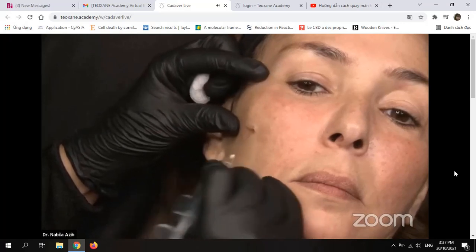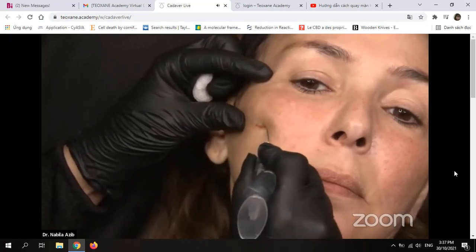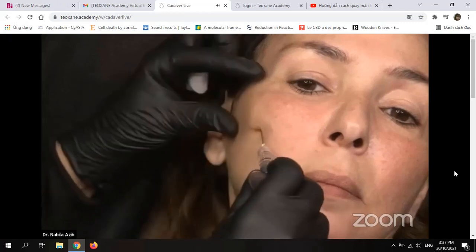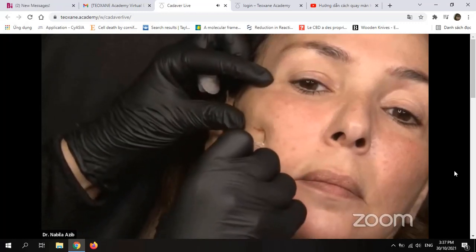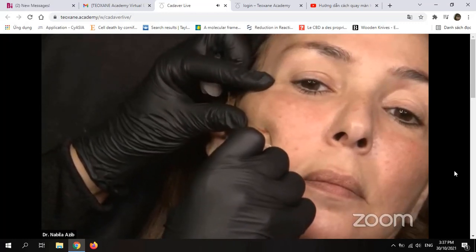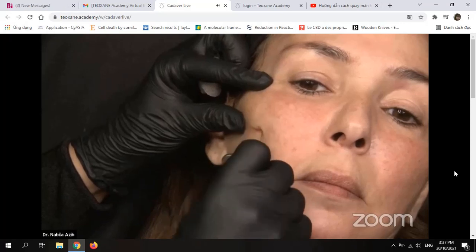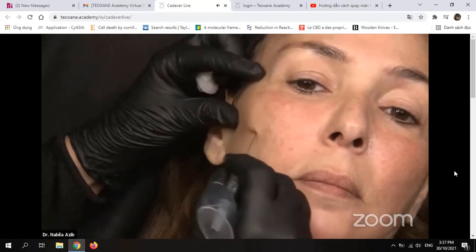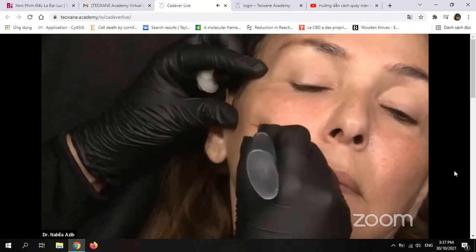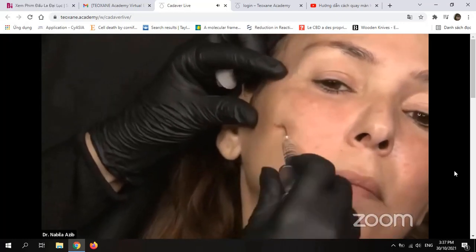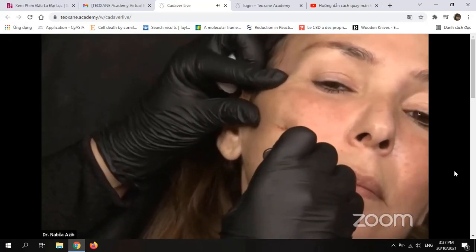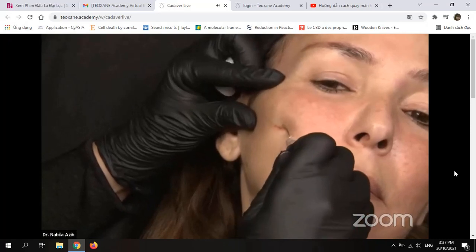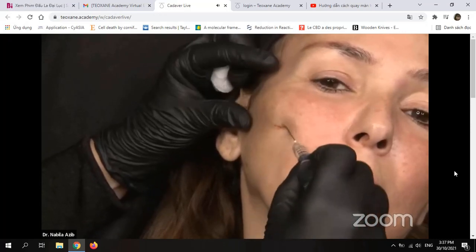I slide on this numbed area. I use Teosyal Ultra Deep because it has the highest G prime property of the range. So I want to restore the support, so I need a product that will give a nice projection, 0.1.